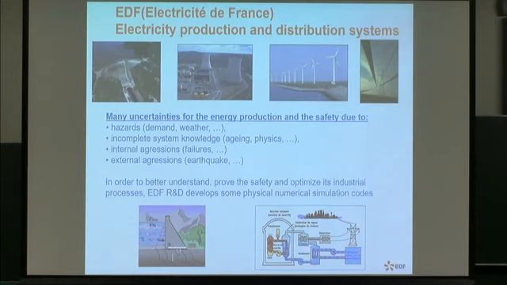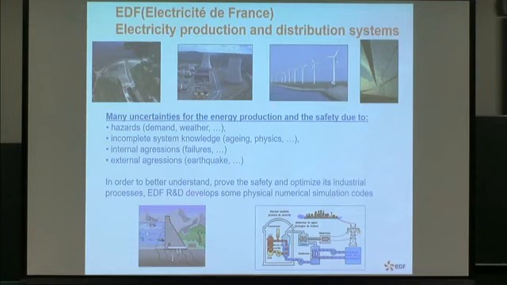Of course, there can happen in this industrial facility some failures that we have to understand and to predict, to try to model, and also the context of external aggressions that we have to take into account in order to operate the facilities: earthquake, river flood, etc.